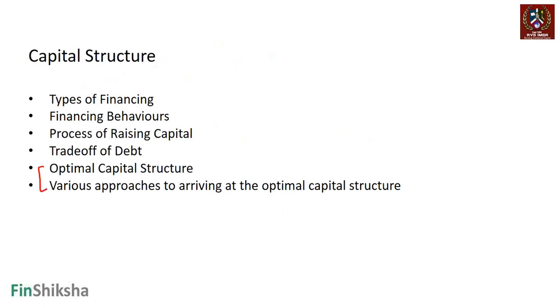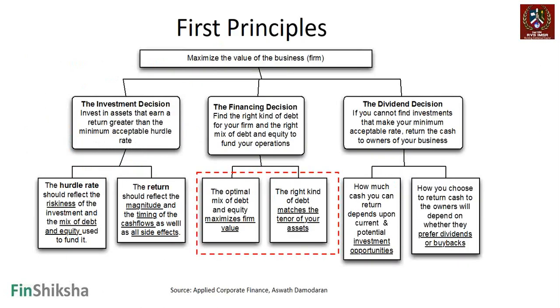So let's understand initially in terms of our principles as to we are now looking at the financing decision. We have already looked at the investment decision. Within the financing decision that will maximize the value of the firm, we want to find the optimal mix of debt and equity that maximizes firm value and the right kind of debt that matches the tenor of our assets, right?